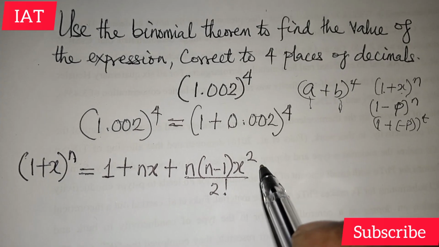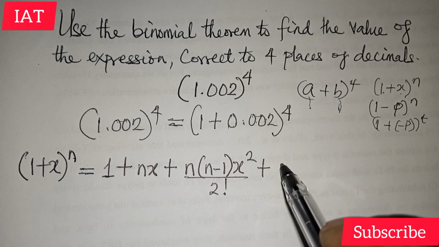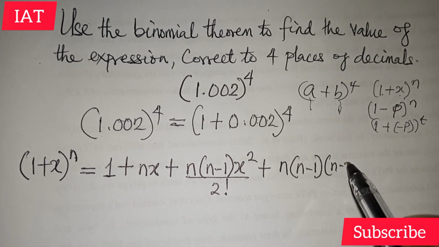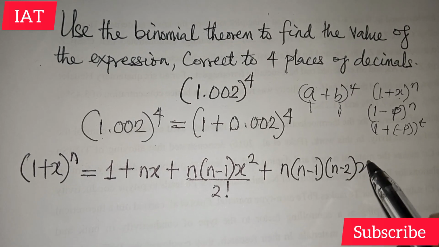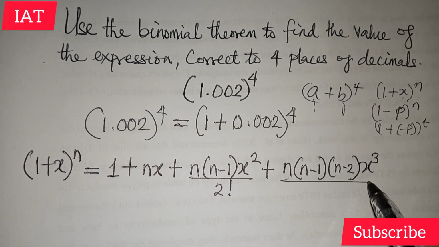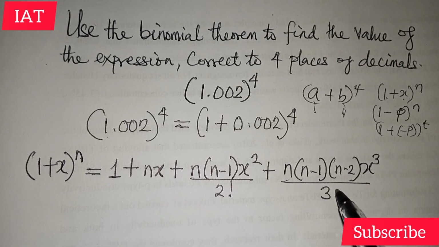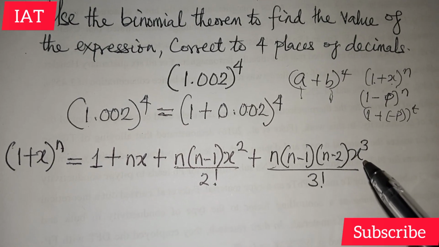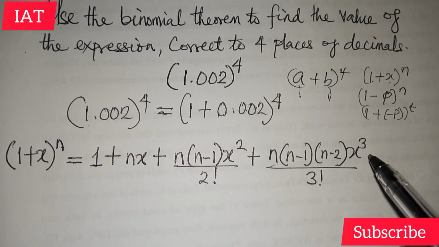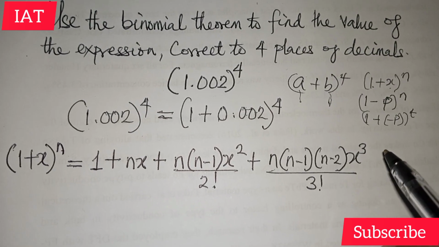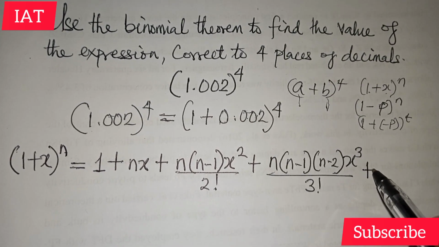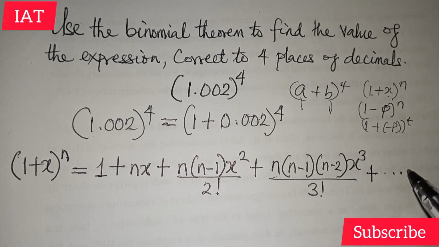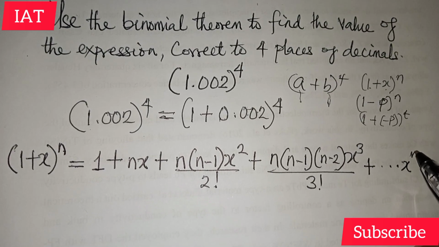You can see how simple the formula is while we're building it, plus n into n minus 1 into n minus 2, x to the power of 3 all over 3 factorial. If you leave me, I'll keep building this up to the power of x of my choice. But we do not want to waste time, so you could just put plus the ellipsis, up to x to the power of n.